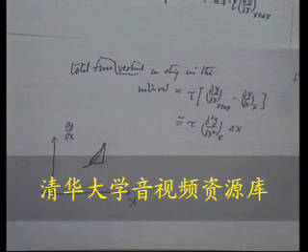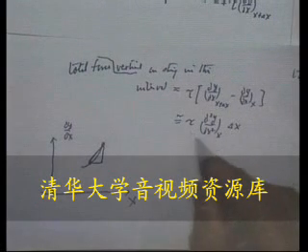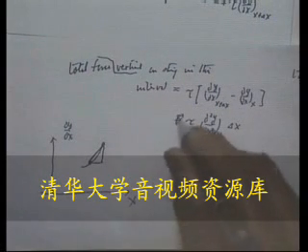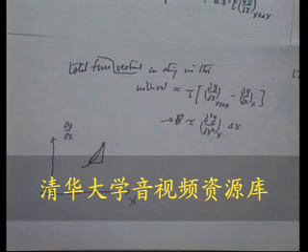But when delta x is very small, these two are the same. So in the limit it becomes this.